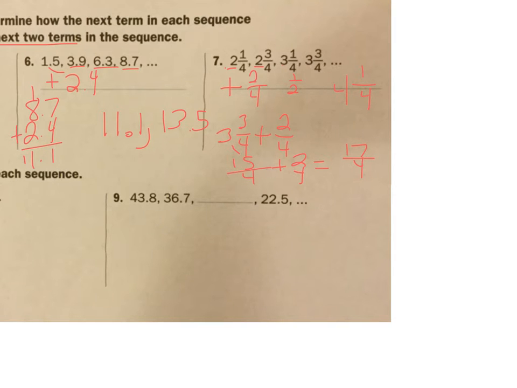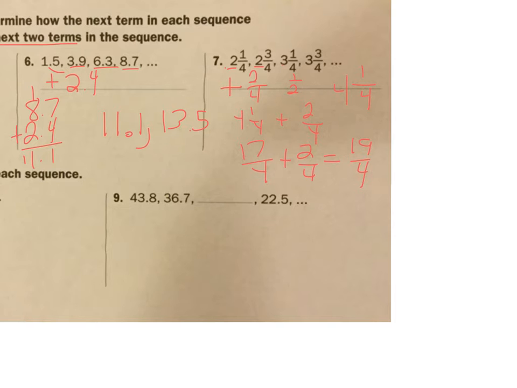Okay? Now, I'm going to add 2/4 to the 1/4. So let's erase this. And I'm going to go 4 1/4 plus 2/4. Make this into another improper, which is 17/4 plus 2/4 equals 19/4.